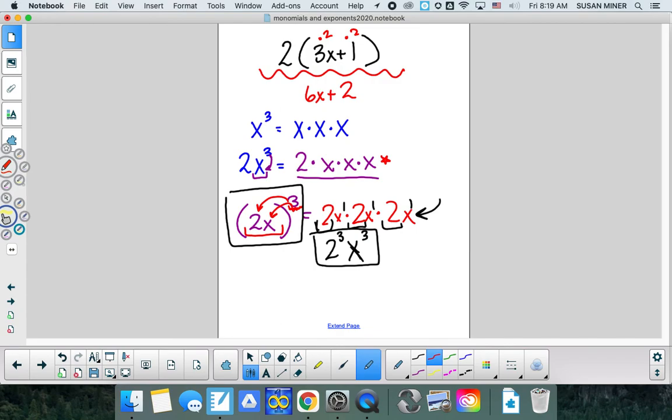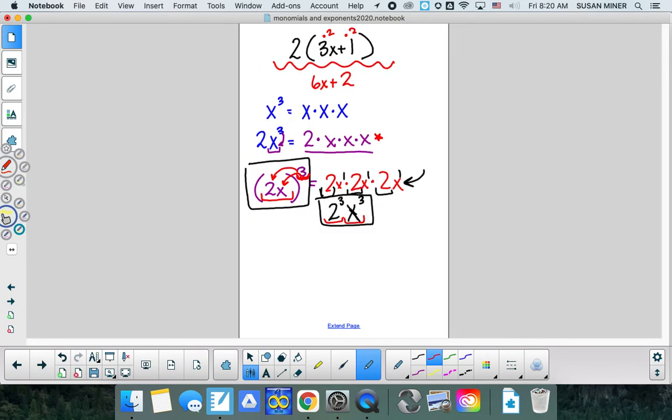If I'm raising the stuff inside the parentheses to an exponent, then everything inside the parentheses gets an exponent. So now let's do one that's just a tiny bit different. What if I had something that already had an exponent on it, like x squared, raised to the third? Let's do this, okay?